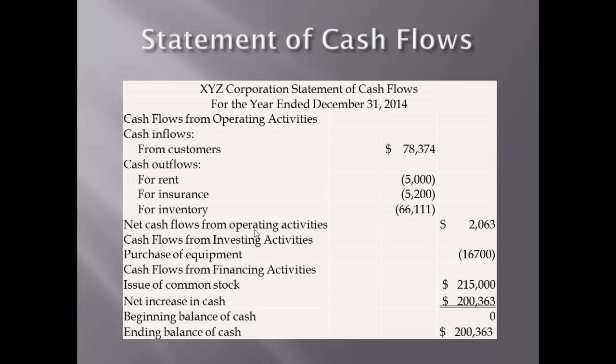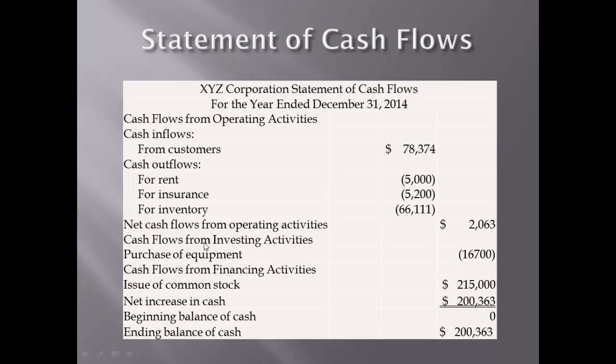We could also have cash inflows from the sale of investments in debt or equity securities of other companies. We can also have cash inflows from collection of the principal on loans to other companies.